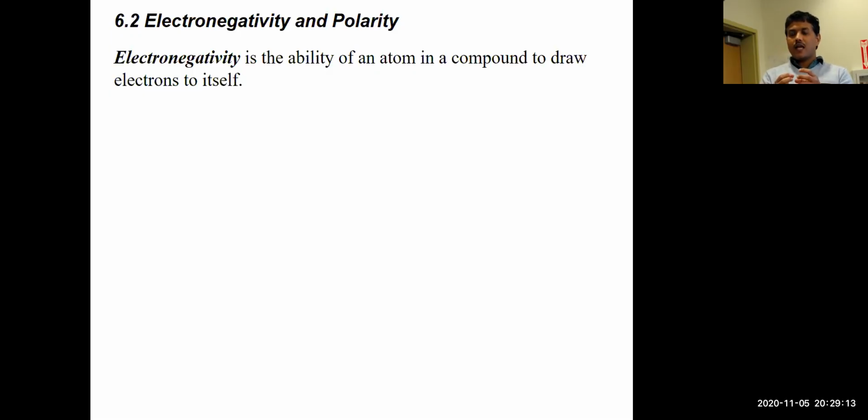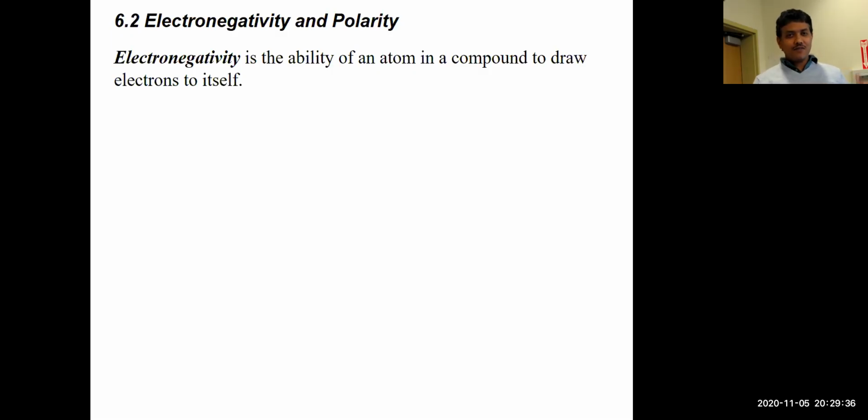Electronegativity for me is everything when it comes to chemistry. Without the help of electronegativity, I cannot explain many things in nature. It is so important. So we are going to learn about it today, and I hope you appreciate electronegativity as much as I do, because this is my favorite concept in chemistry.